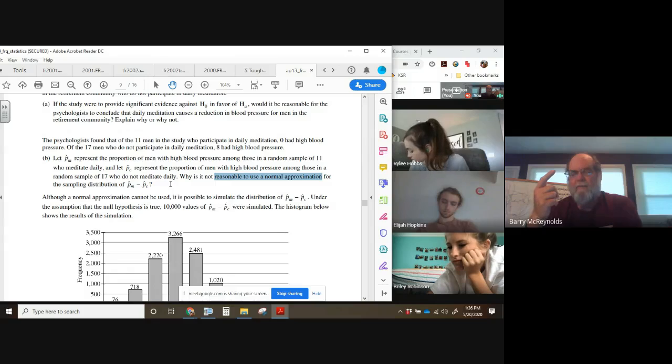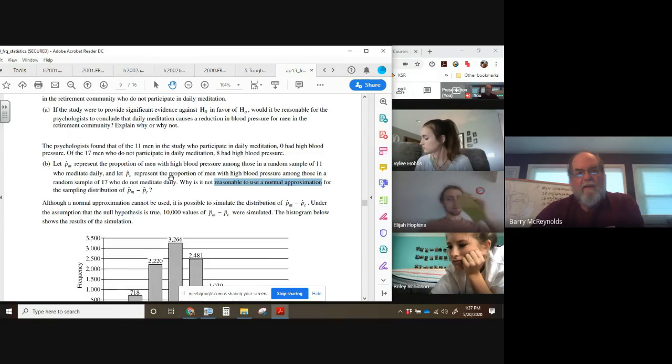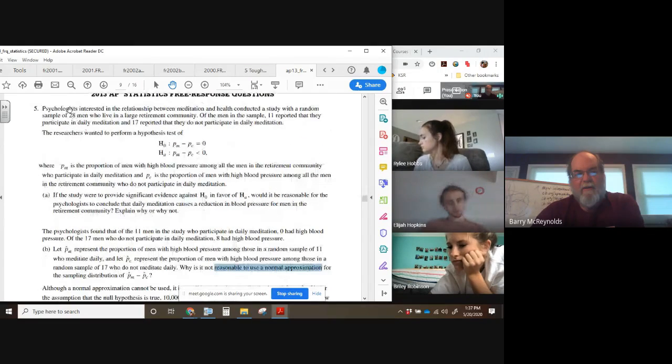For a distribution of sample means, that first criterion is if the population is normally distributed, then we can use the normal approximation, or if the central limit theorem applies, like Elijah said. Well, for the central limit theorem to apply, we need a sample size greater than 30.